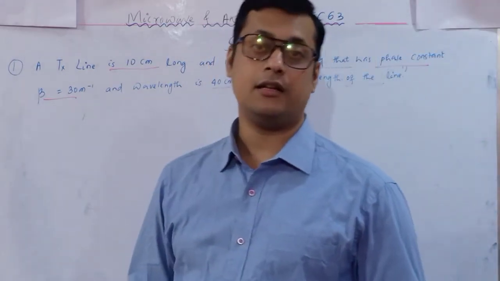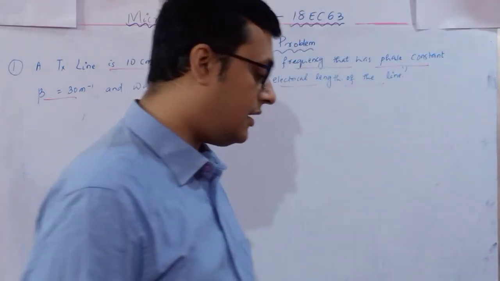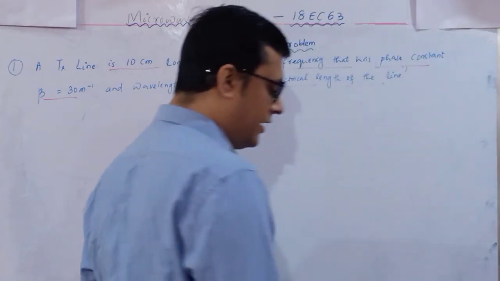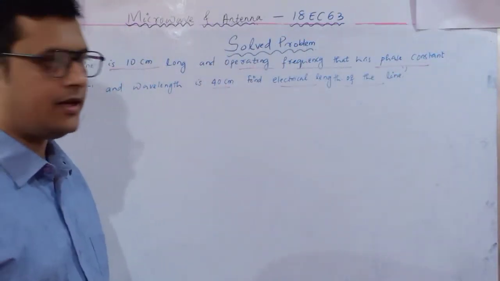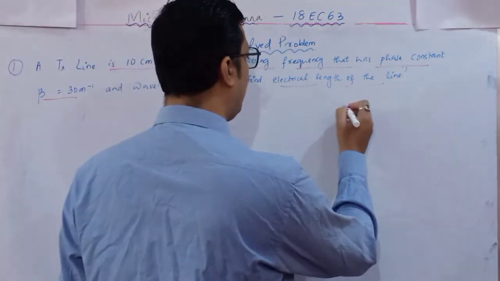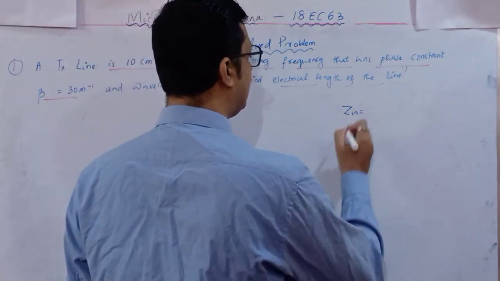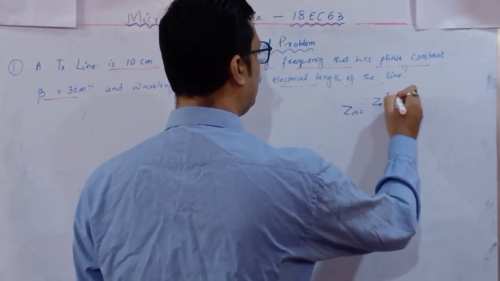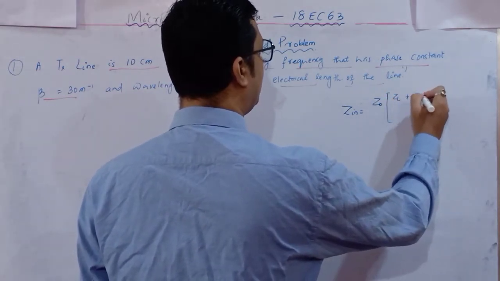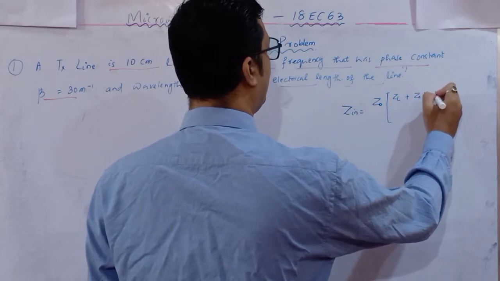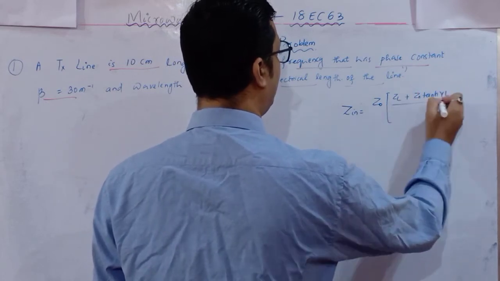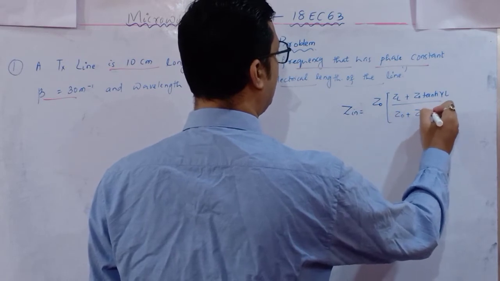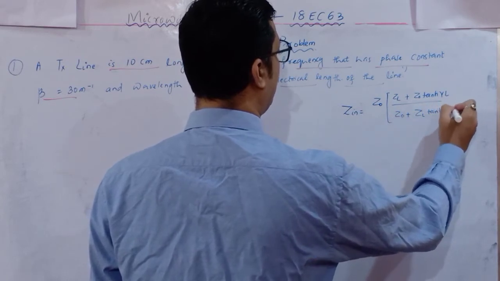Now when this electrical length will come, last class I have discussed, when we are calculating input impedance for a line, Zin is equal to Z0 times (ZL plus Z0 tanh gamma L) divided by (Z0 plus ZL tanh gamma L).